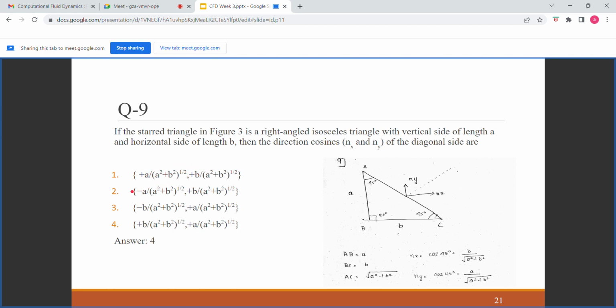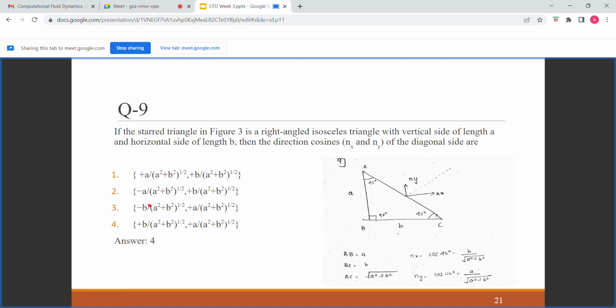In option 2 it is given minus A by root of A square plus B square, comma B by root of A square plus B square. So this is also false because both are interchanged and the signs are also wrong. In option 3 it is given minus B by root of A square plus B square, comma A by root of A square plus B square.